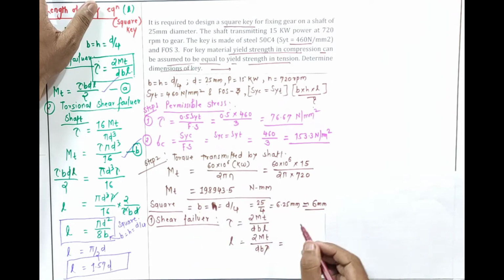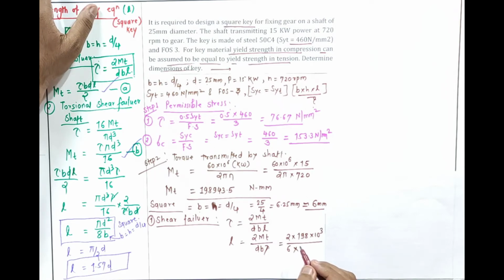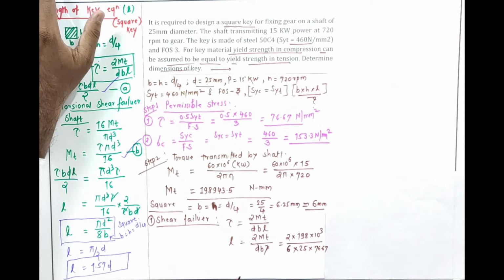So mt we have calculated: 2 into 198 into 10 raised to 3, divided by D, which is the diameter of the shaft, 25, into B, which is 6, into the shear stress 76.67.